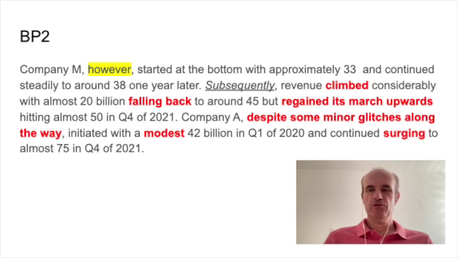Subsequently, the revenue climbed considerably with almost 20 billion, falling back to around 45, but regained its march upwards, hitting almost 50 in the fourth quarter of 2021. Company A, despite some minor glitches along the way, initiated with a modest 42 billion in the first quarter of 2020 and continued surging to almost 75 in the fourth quarter of 2021.